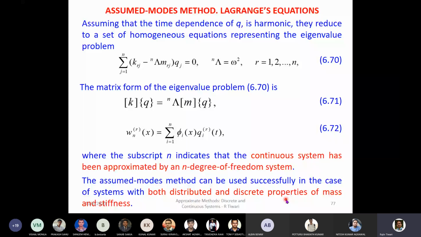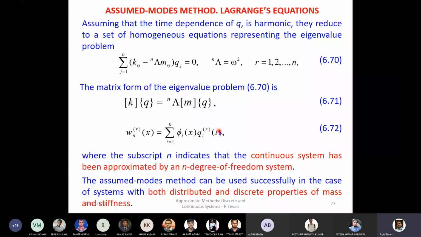In the previous lecture, we saw that when there are discrete disks and springs, we can include them in the kinetic energy and potential energy, and then get the stiffness coefficient and mass coefficient in terms of not only the continuous part but also the discrete disks and springs in the system.